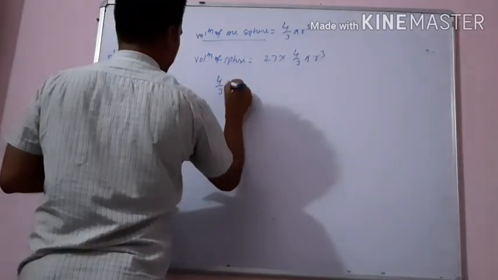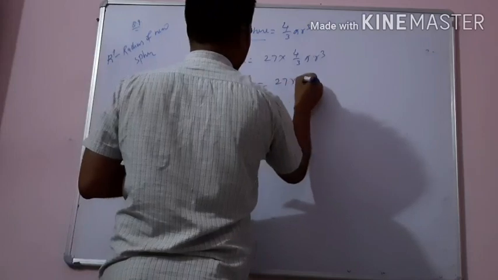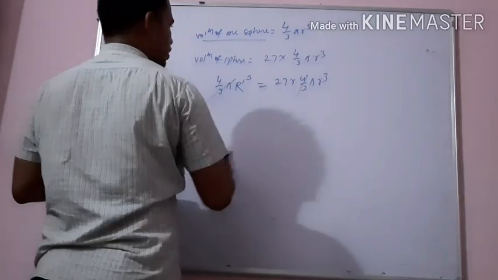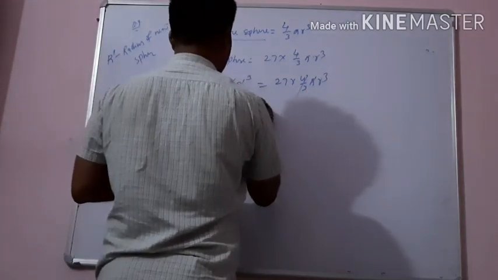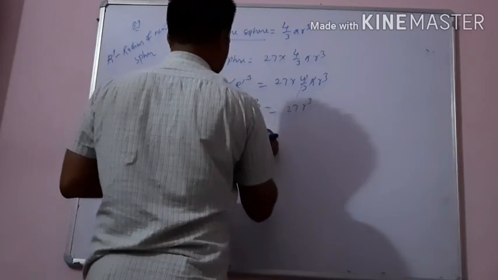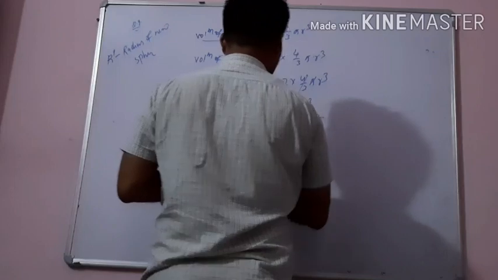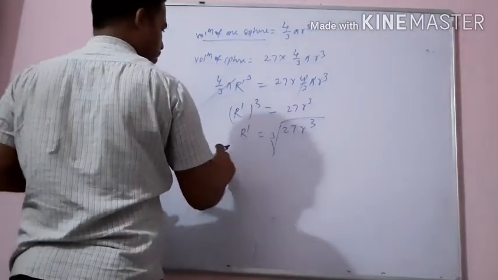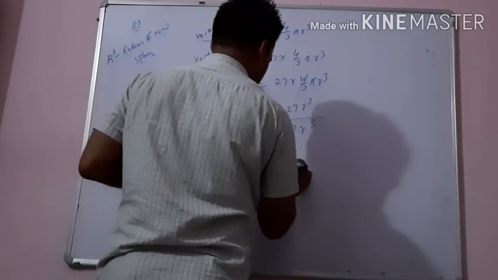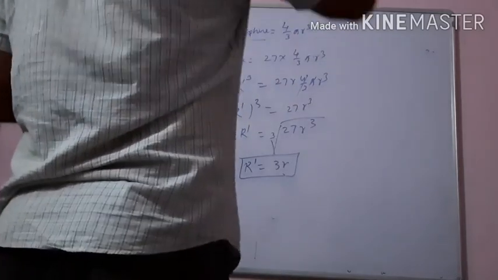So 4 upon 3 pi r dash cube equals 27 times 4 upon 3 pi r cube. 4 upon 3 pi cancels. So r dash cube will be 27 r cube. So r dash will be the cube root, because we are finding the cube root. So r dash will be 3r.